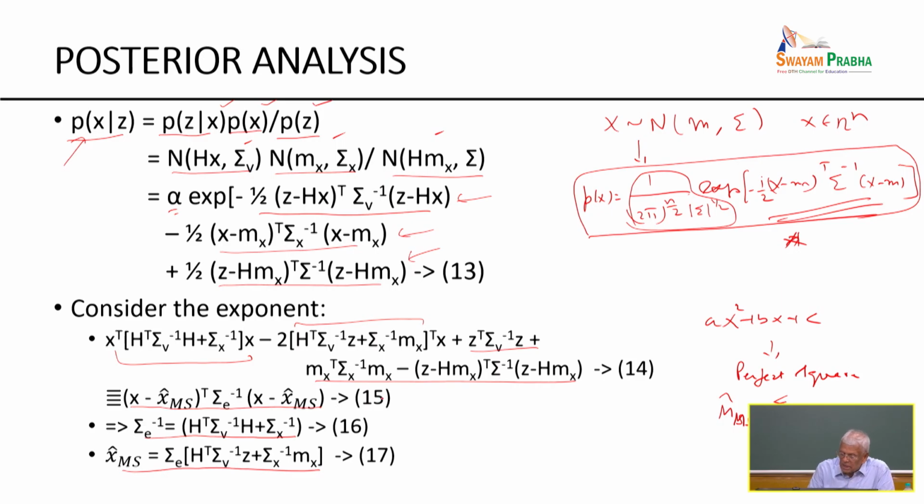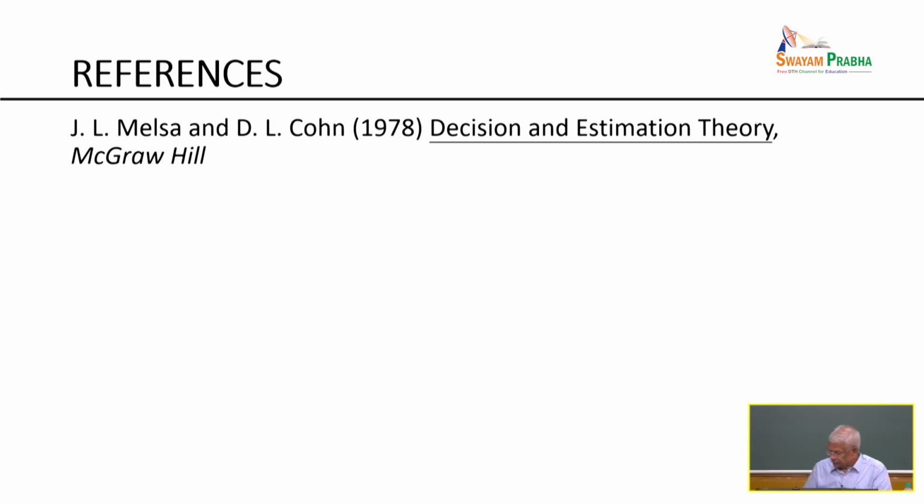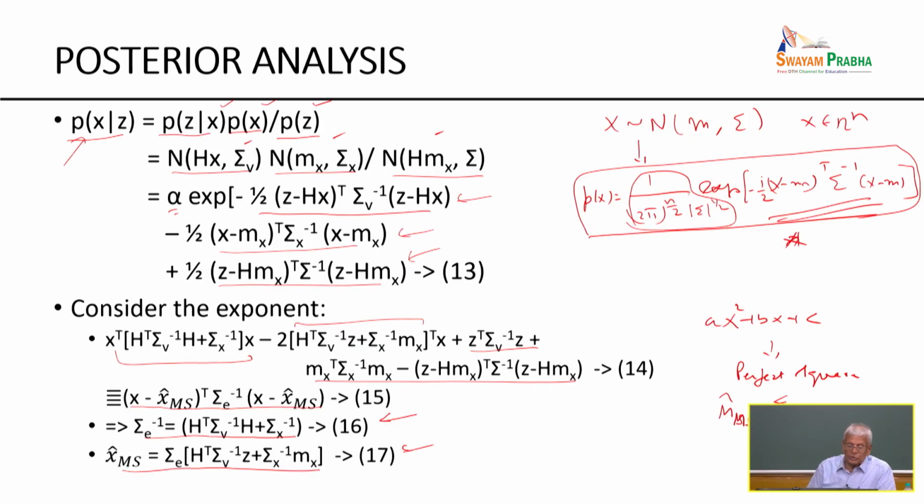So expression 15 is the expression for 14, the exponent, expressed in the perfect square form, where I have changed the variables. The new variables are x hat s and sigma squared e inverse. So this relates to covariance, this relates to the estimate. 16, 17 coming out of 15, and 15 is a simplification of 14. So I have computed the expression for the best Bayesian estimate.